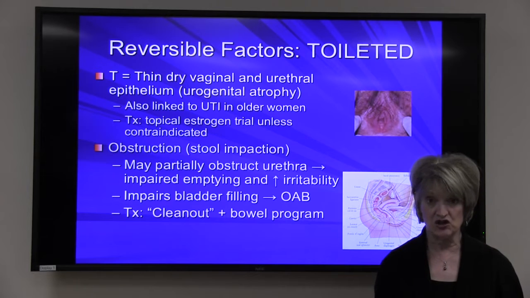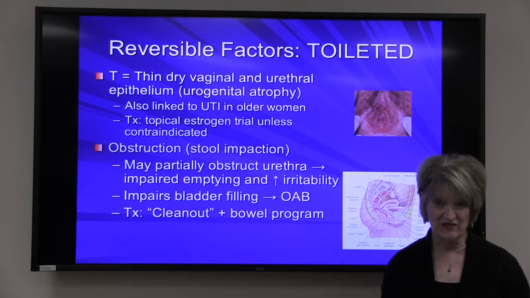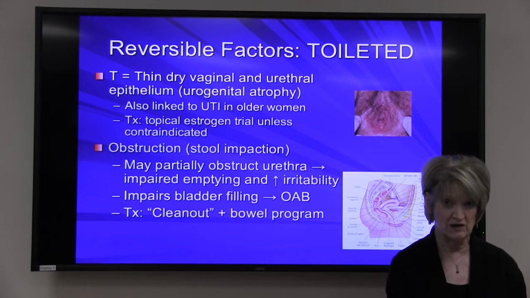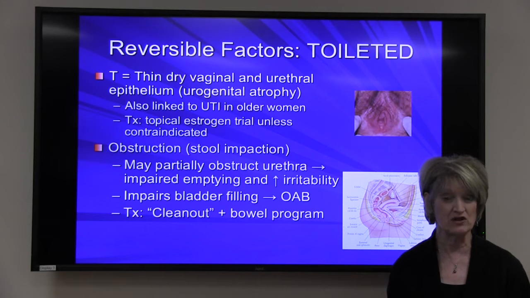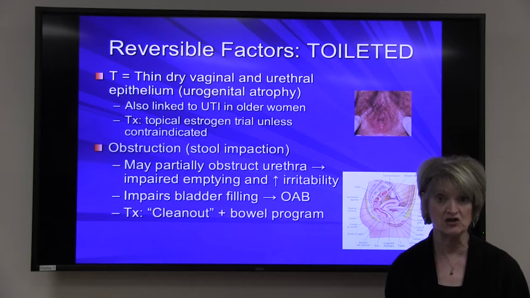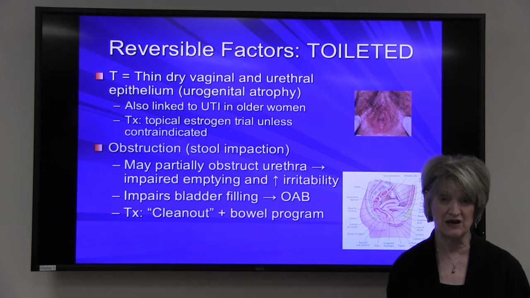Now, topical estrogen, you should know, is just as effective as systemic estrogen in restoring the health of those tissues and in relieving symptoms of urogenital atrophy. However, topical estrogen has a much lower incidence of side effects. So we sometimes say you get maximum benefit and minimum adverse effects.